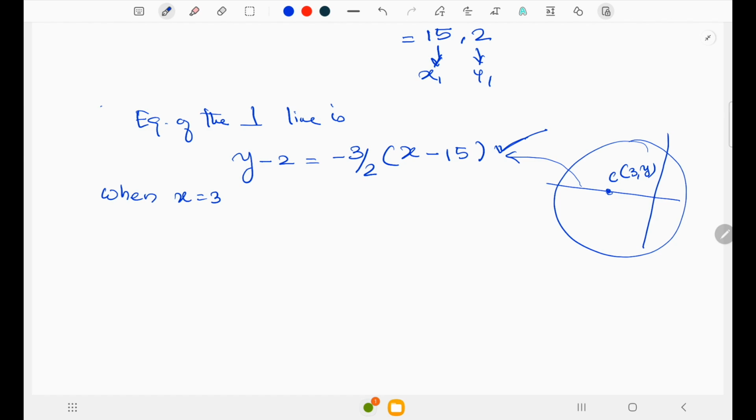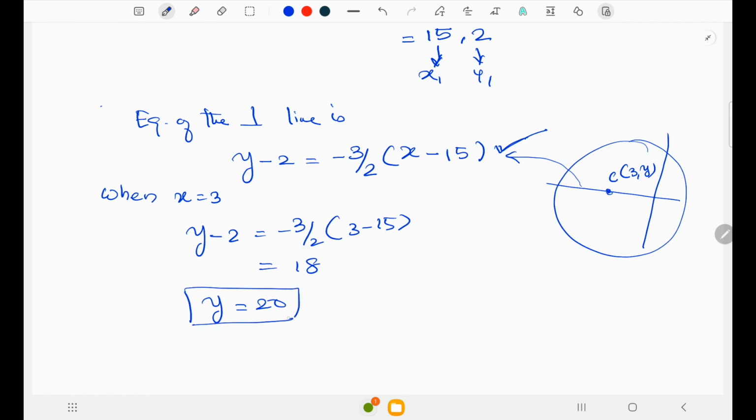So when x equals 3, we have y minus 2 equals minus 3 by 2 times 3 minus 15, we will get 18, that is y equals 18 plus 2, 20. So we found the 20. Once we find the 20, this is say y1.